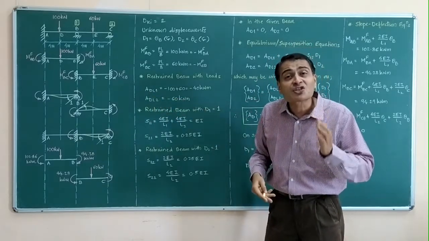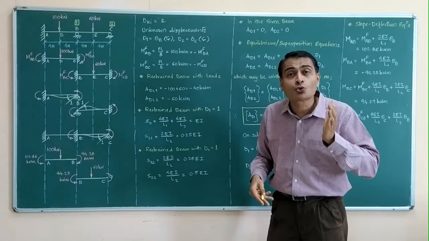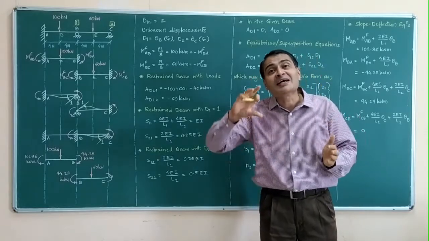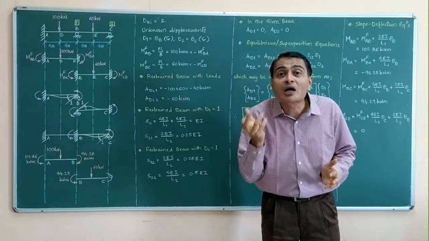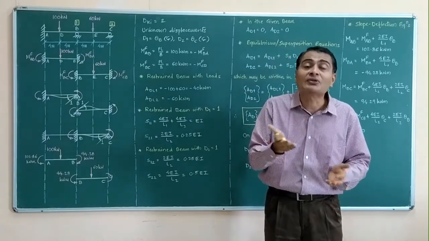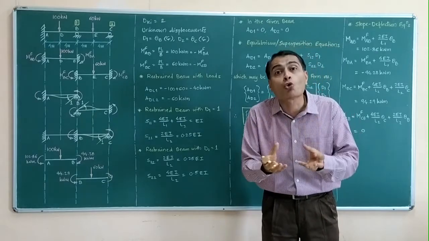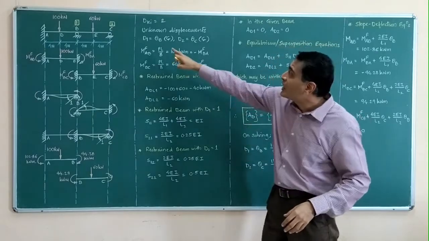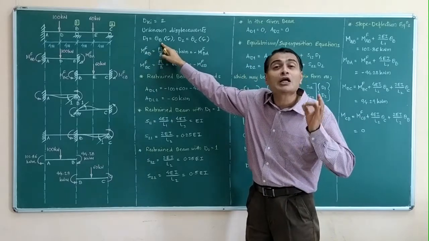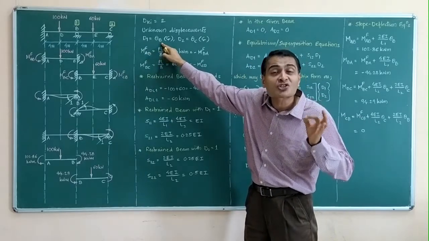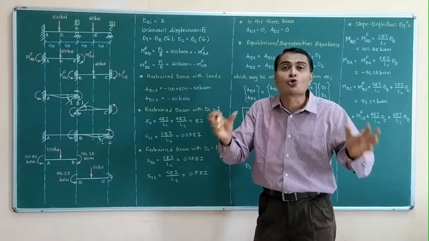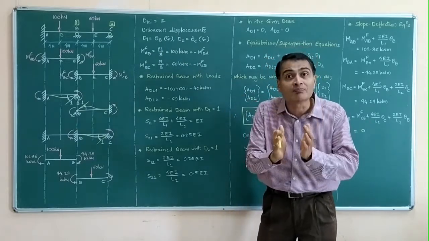When I say corresponding to, it should strike you that if I think of theta, that action has to be a couple moment. If I think of delta, translation, the action has to be force. So here our D1 is theta B.